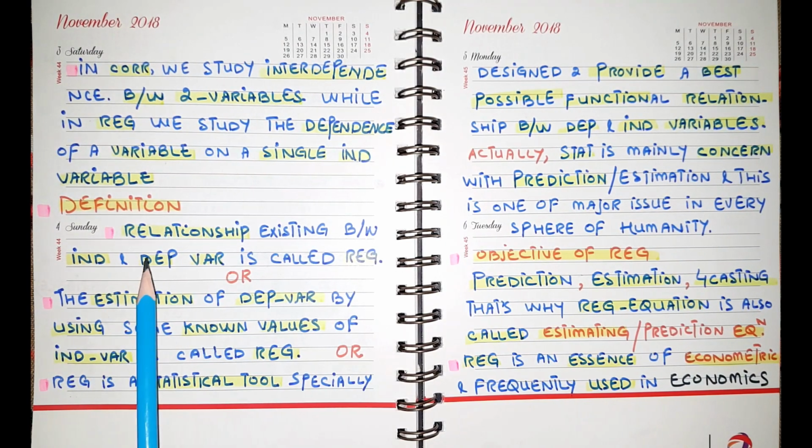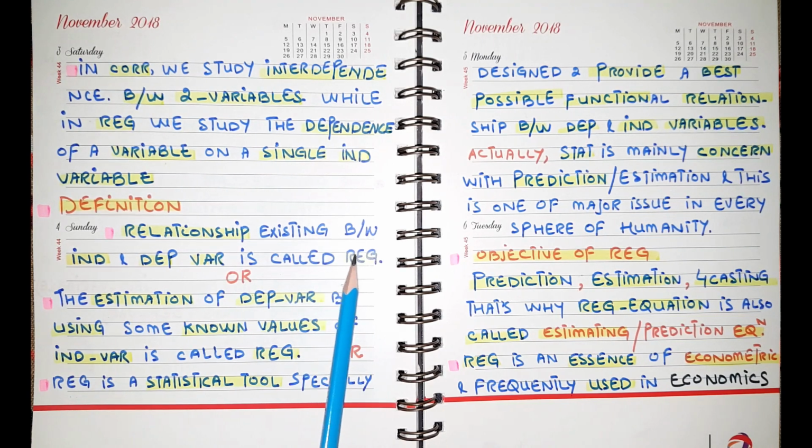Let's have some definitions of regression. The first definition is: the relationship existing between independent and dependent variable is called regression. It's okay, it's very simple. The second one: the estimation or prediction of the dependent variable by utilizing some known values of the independent variable, a controlled variable, is called regression.